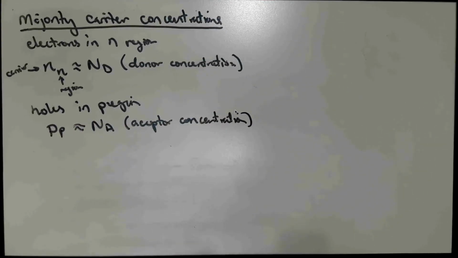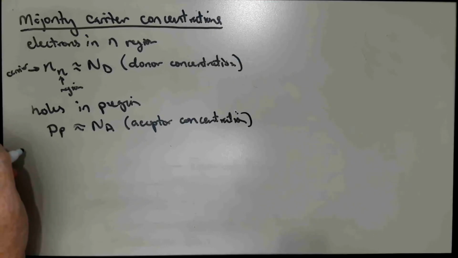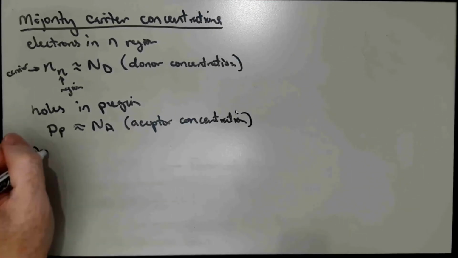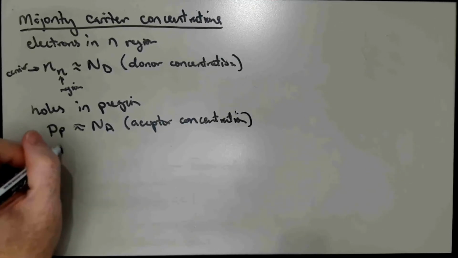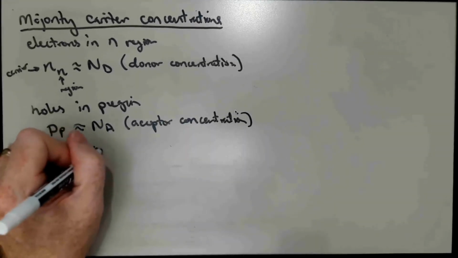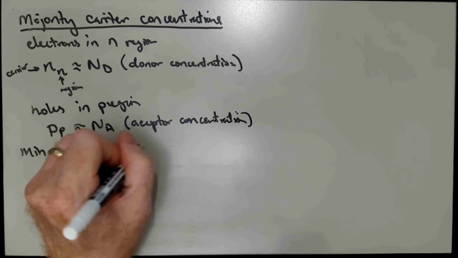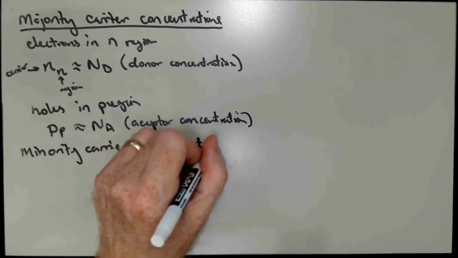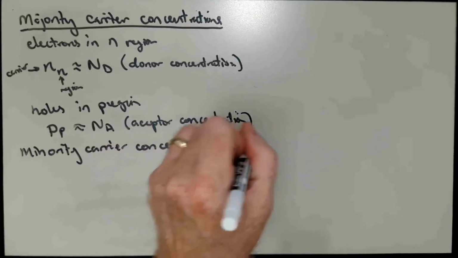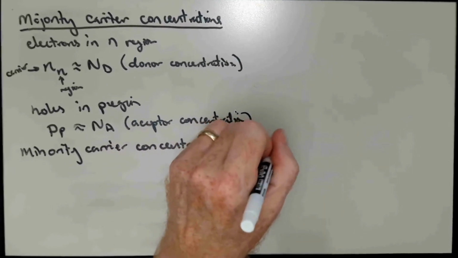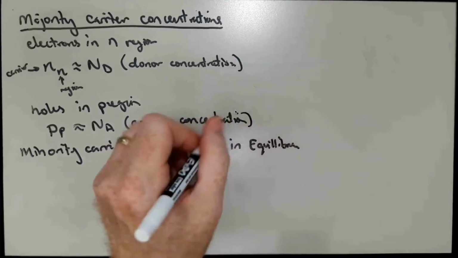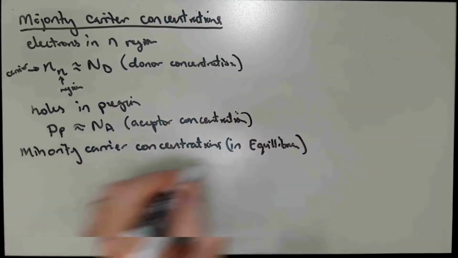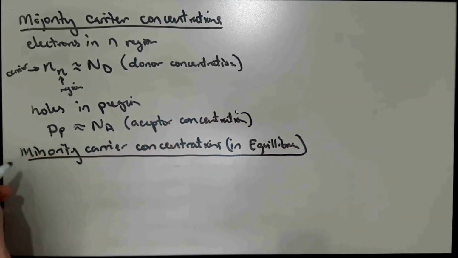Okay? And so in equilibrium, minority carrier concentrations would be given by something like this.